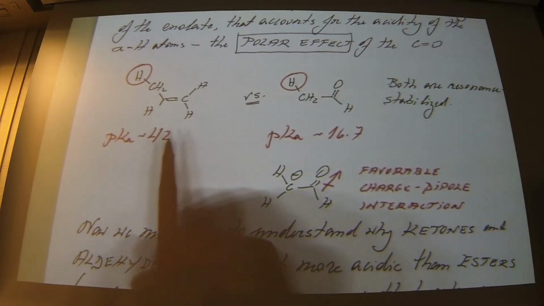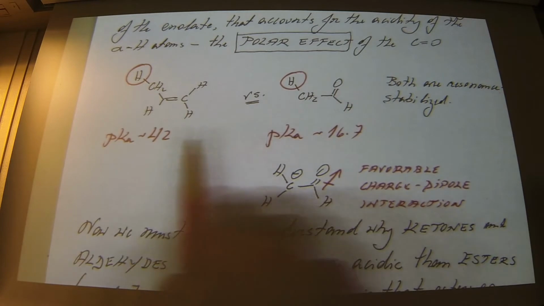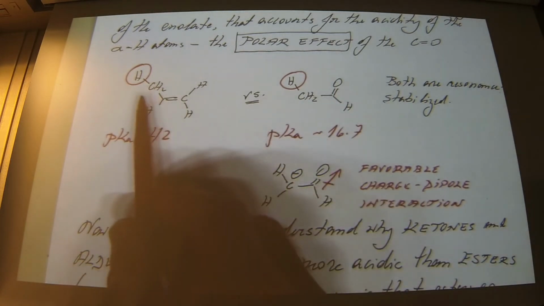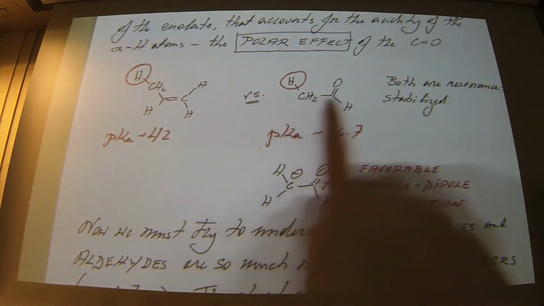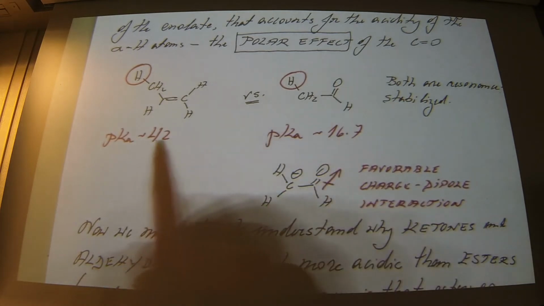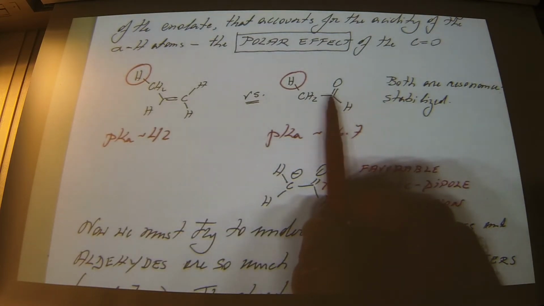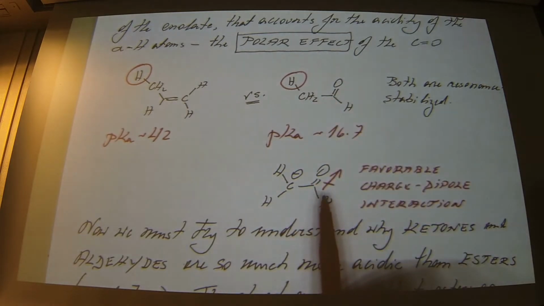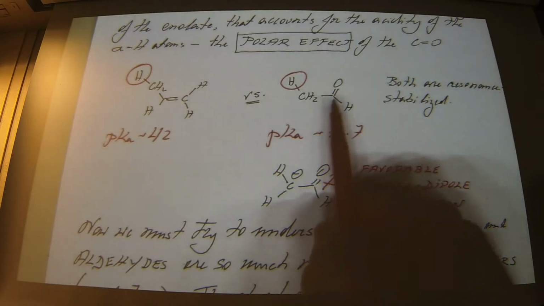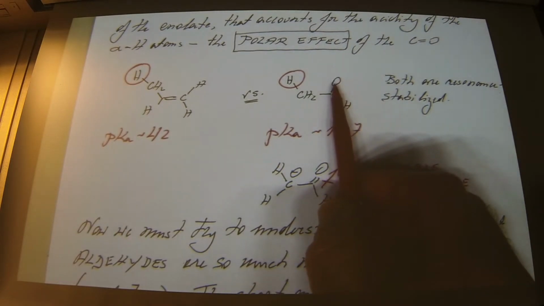Now, you can see the big difference between an allylic carbanion and an enolate. That's an absolutely astronomical difference in acidity. They're both resonance stabilized, but of course the enolate has this favorable charge-dipole interaction and the electronegative oxygen atom.